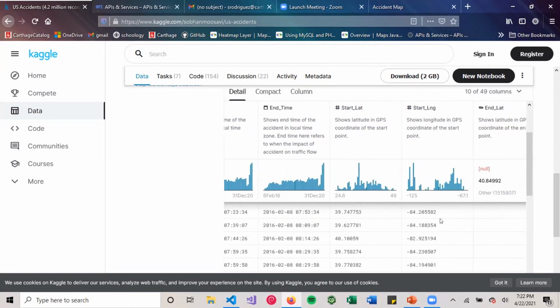What was the process of taking the data that you got from Kaggle and actually visualizing it on Google Maps?